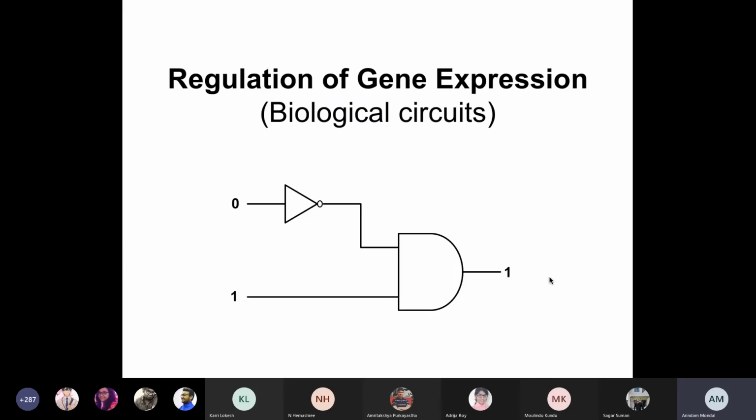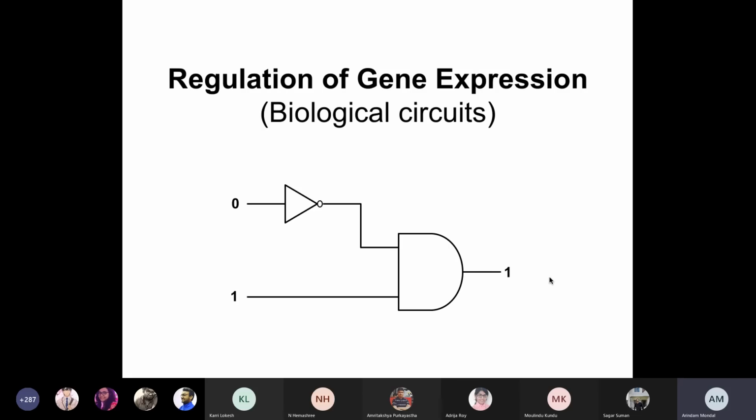But as I was saying, it's not that all of the proteins get synthesized all the time. There should be regulation. And the more complex the organism is, the more complex the regulation would be. These biological regulations actually act as a circuit, which when it remains off, the gene expression will be switched off.